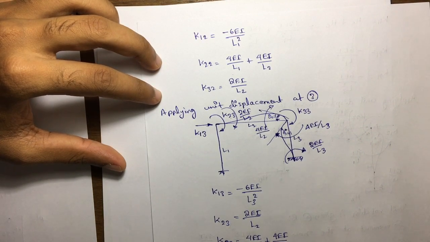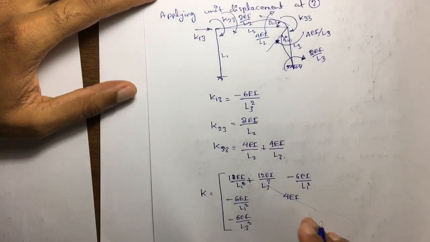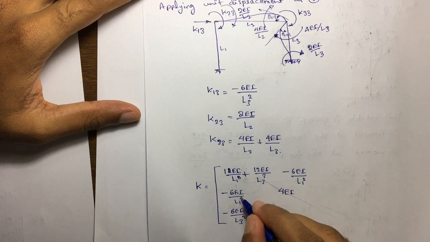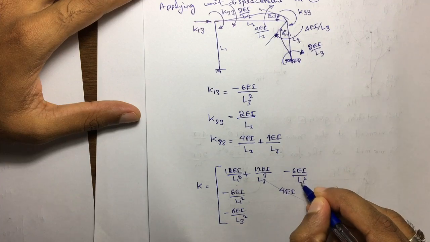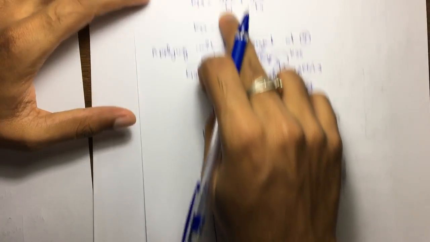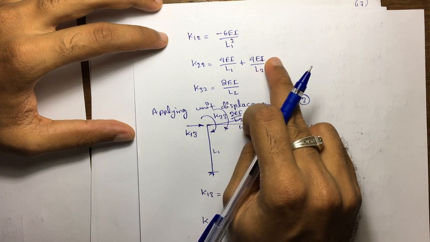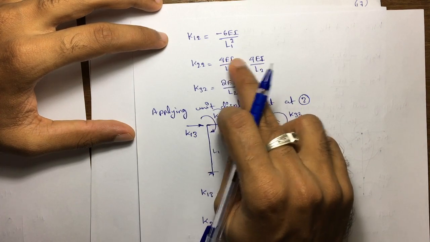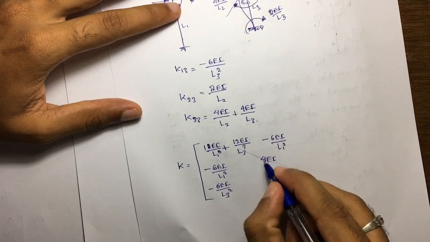As we know, this is a symmetric matrix, so this term is similar to this one. Again, K22, that is 4EI divided by L1 plus 4EI divided by L2.